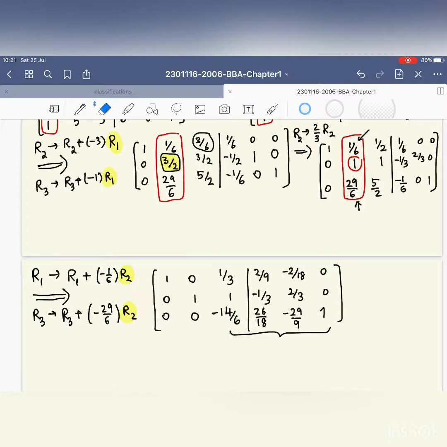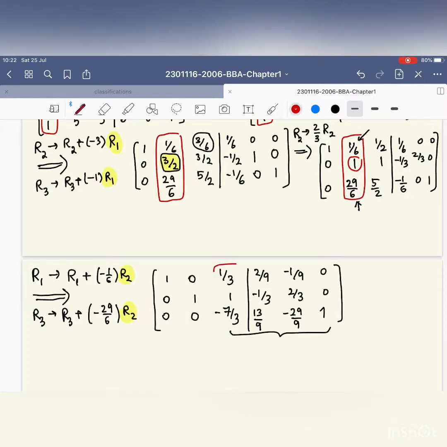Instead of negative 2 over 18, you got negative 1 over 9. This one, instead of 14 over 6, you have negative 7 over 3. Okay. This one can be 13 over 9. Okay, something like this. All right.